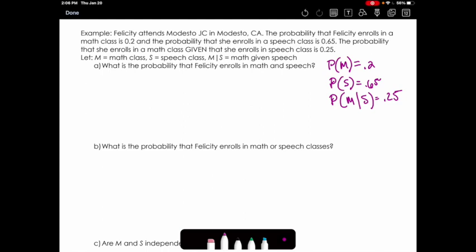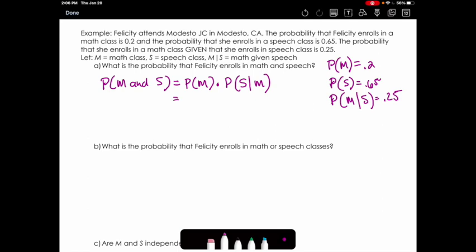So in part A, it says, what is the probability that Felicity enrolls in math and speech? So we want to find the probability of M and S. And the general rule for finding an and statement is multiplication, and we would use the probability of the first event times the probability of the second event, given that the first event already happened.